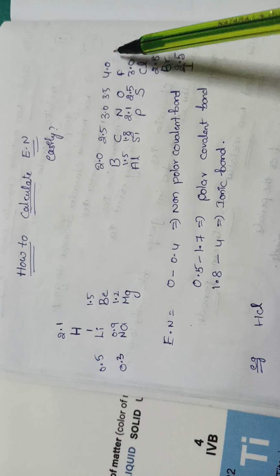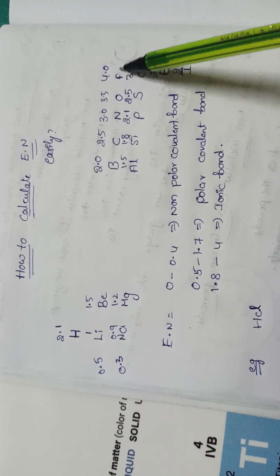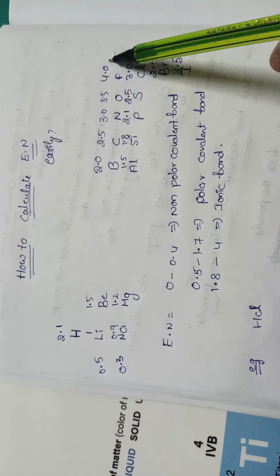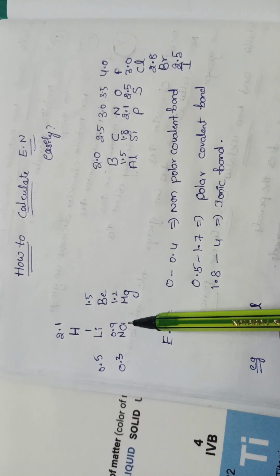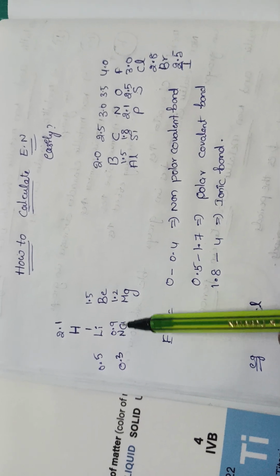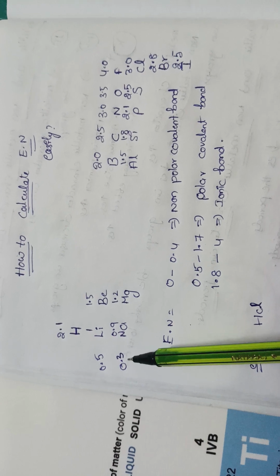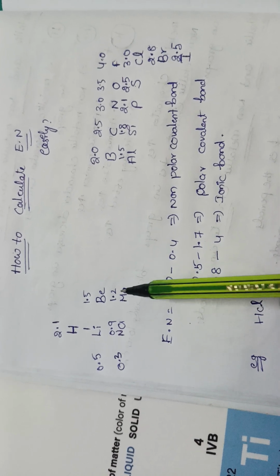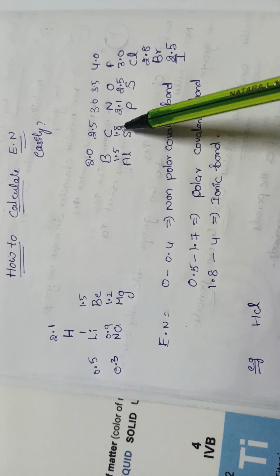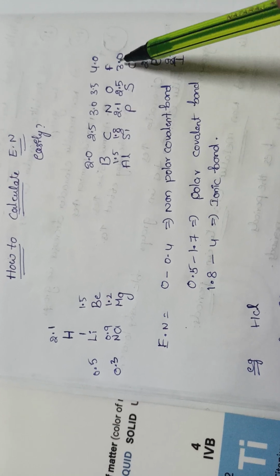Fluorine has the highest electronegativity, that is 4.0. For sodium it is 0.9. By increasing 0.3, magnesium has 1.2, aluminum 1.5, then 1.8, 2.1, 2.5, 3.0.